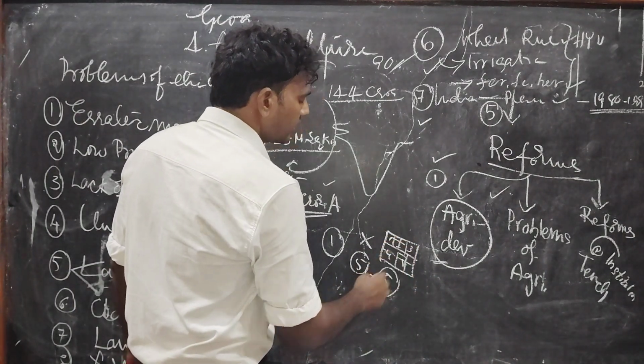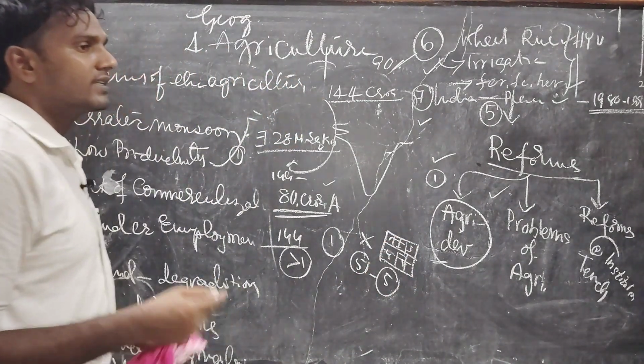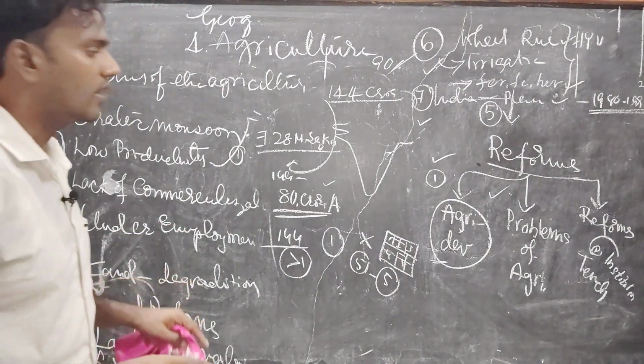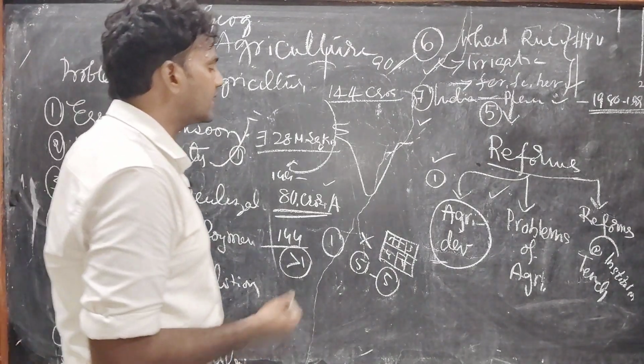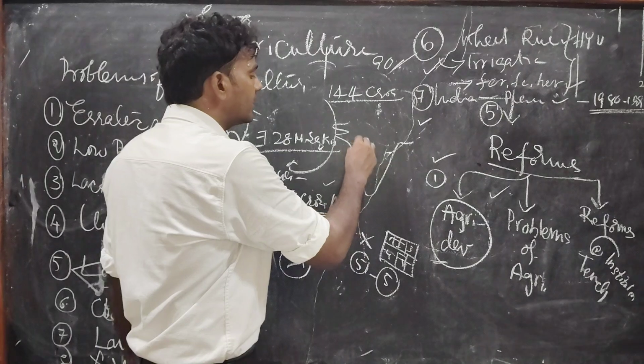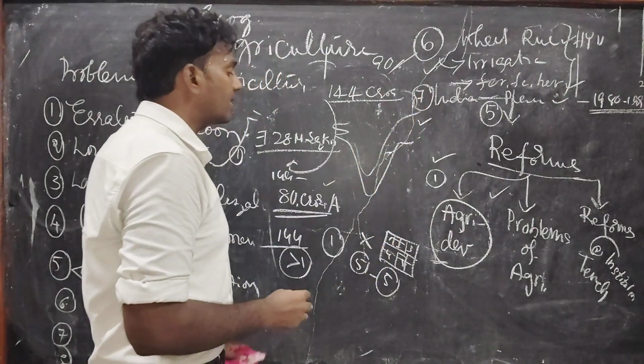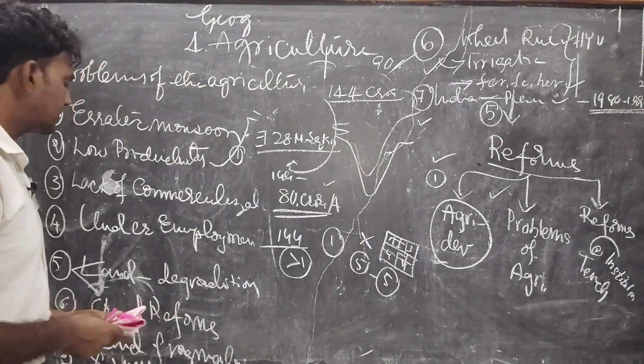Again, these 5 sons have 5 sons each, and again the land is divided into 5 parts. Likewise the land is getting smaller and smaller. It is shrinking because of the Inheritance Act. The population is increasing day by day, and the demand for land is also increasing.